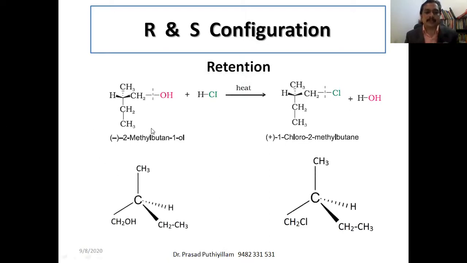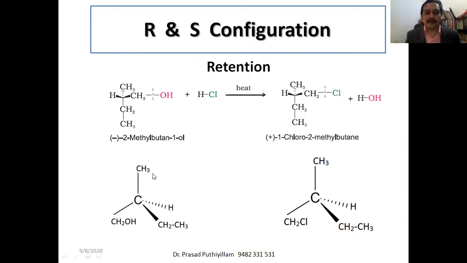So I rearranged it: I took this CH2OH to the left side direction, CH3 is already there, and I just turned the molecule like this. Then automatically the CH2CH3 group will be facing towards you, and hydrogen is behind that one. Now we can give the priority order: CH3, CH2OH, CH2CH3, and hydrogen. Here all three are carbon only.